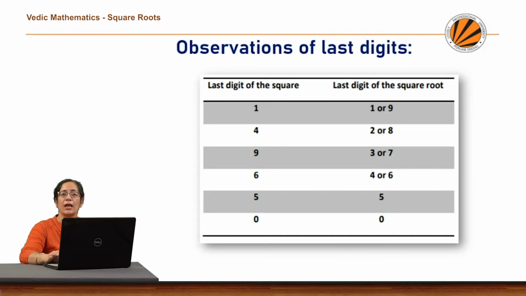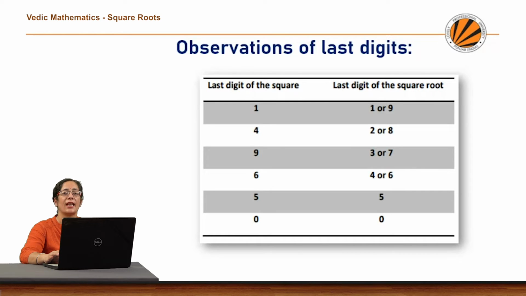If the last digit of a square is 1, then the square root ends with either 1 or 9, because 9 square is 81 and 1 square is 1. Similarly, if the last digit is 4, the square root ends in 2 or 8, because 2 square is 4 and 8 square is 64.